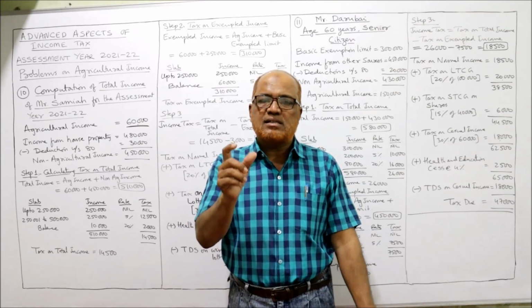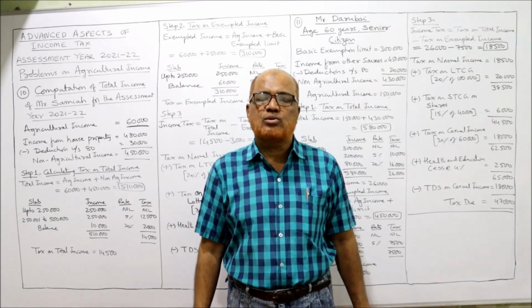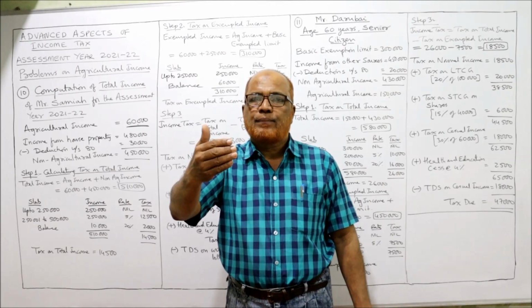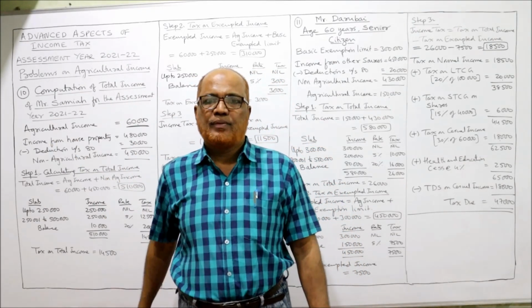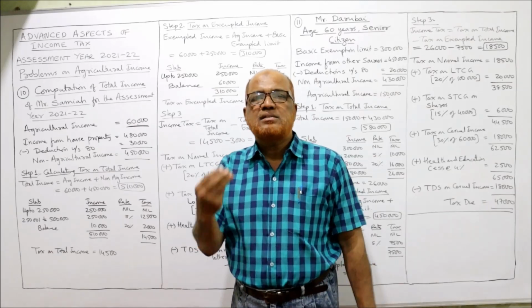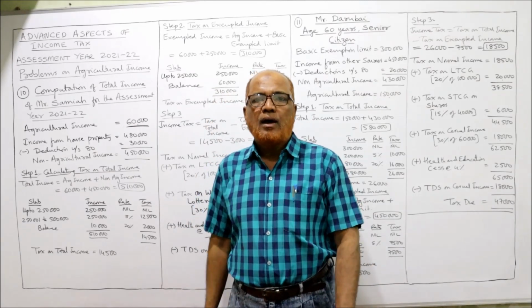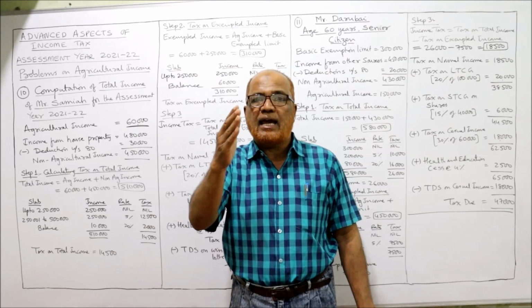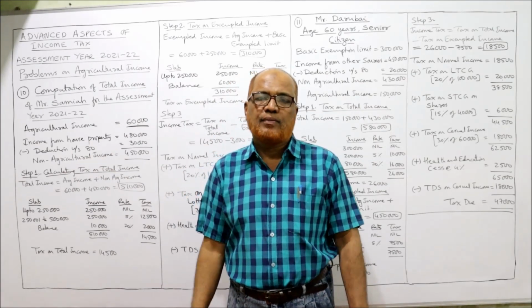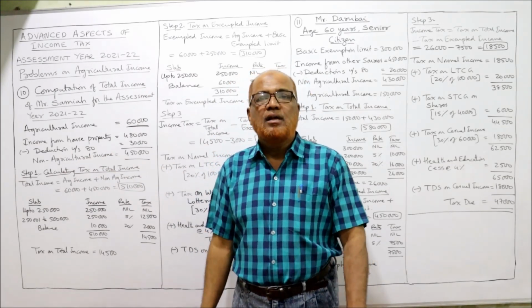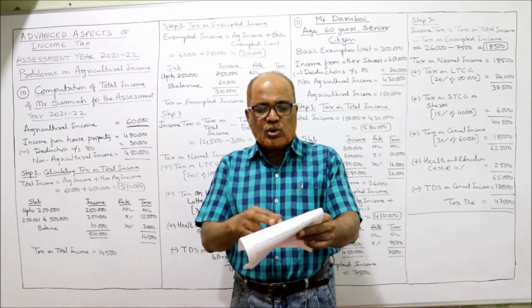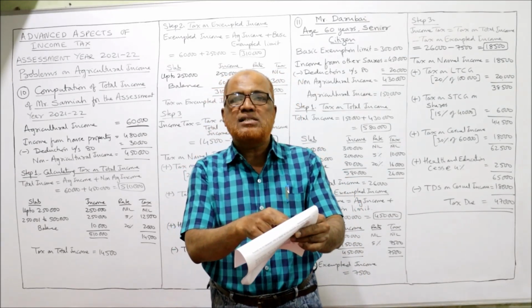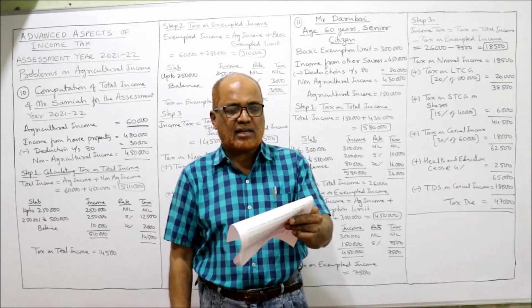For senior citizens, those who are 60 years and above, the basic exemption limit is 3 lakh. For super senior citizens, 80 plus years, the basic exemption limit is 5 lakh for the current assessment year. So here age is given as 50 years, non-senior citizen, 2,50,000 basic exemption.